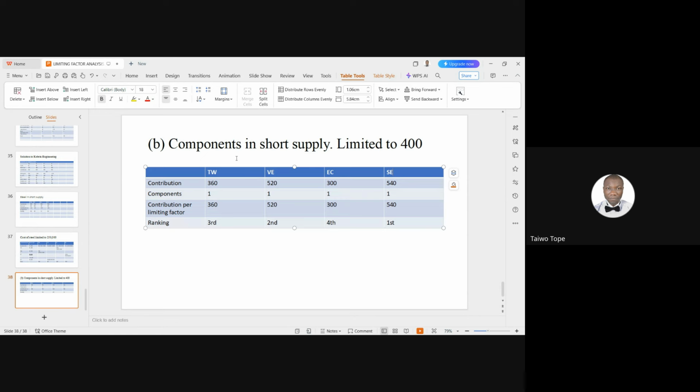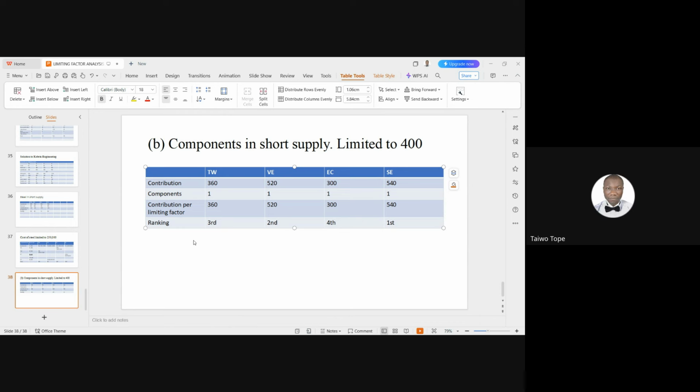So what are we going to do next? You know, we have 400 components available. So how are we going to distribute these 400 components? Somebody should speak. We will now minus the special order from the 400.